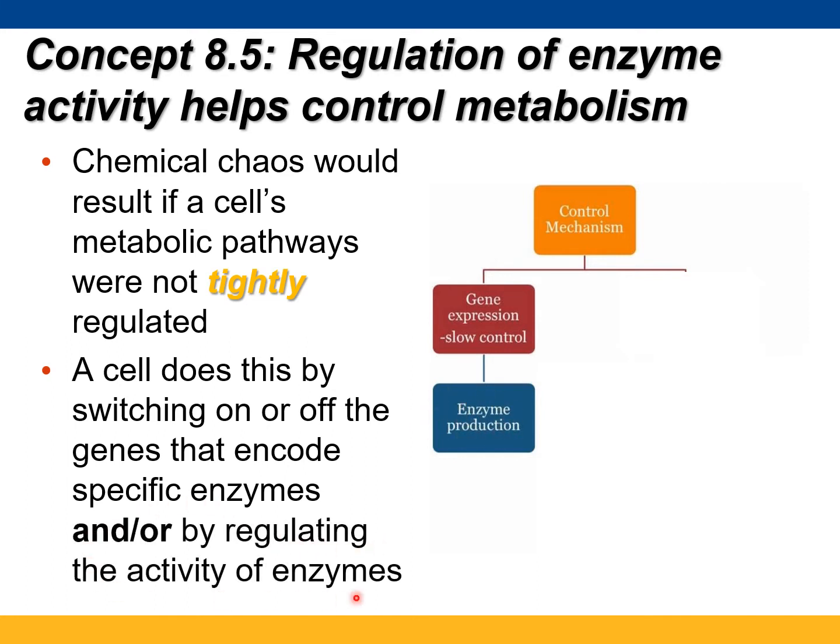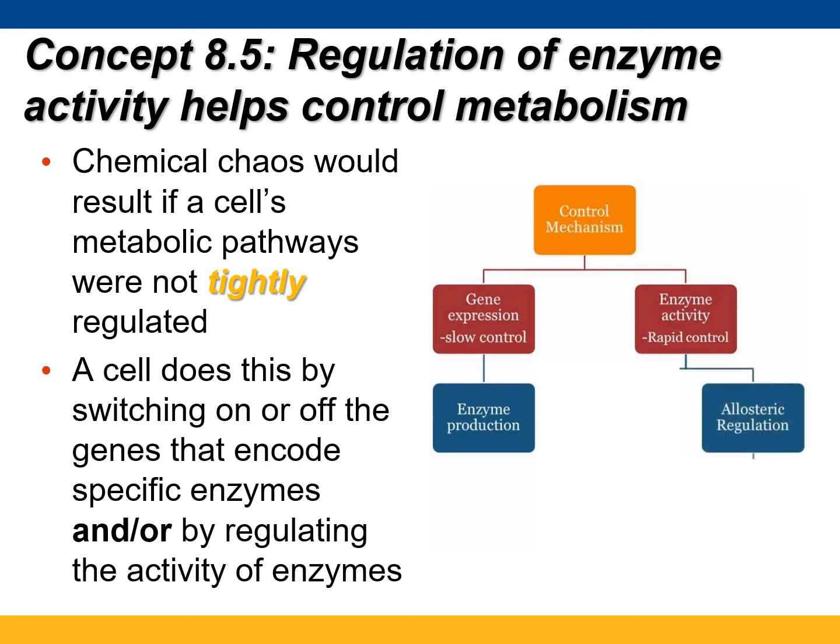The other side of this, so we can control in a faster way, is modifying the shape or the things that influence the enzyme or the protein that is doing a function. We talked about allosteric inhibitors previously, but there are also allosteric cofactors that will activate.